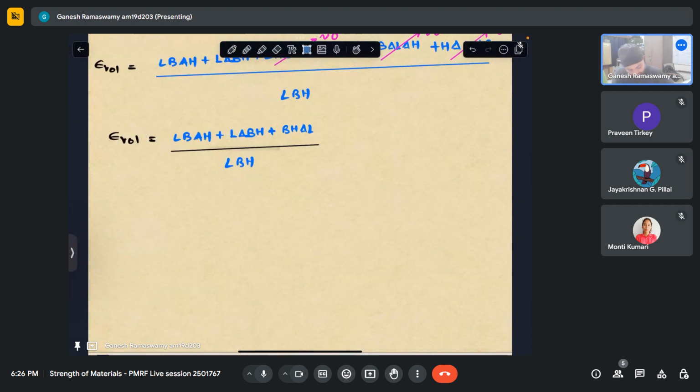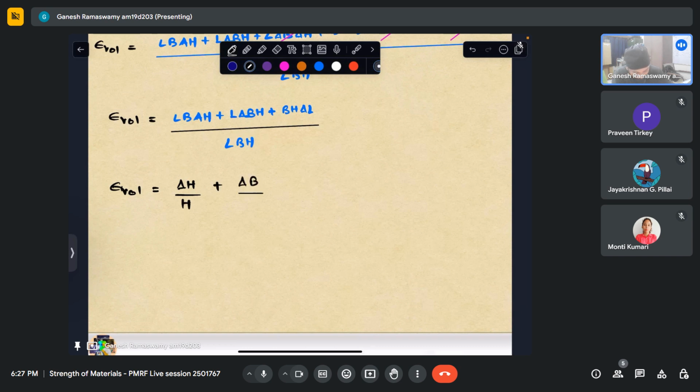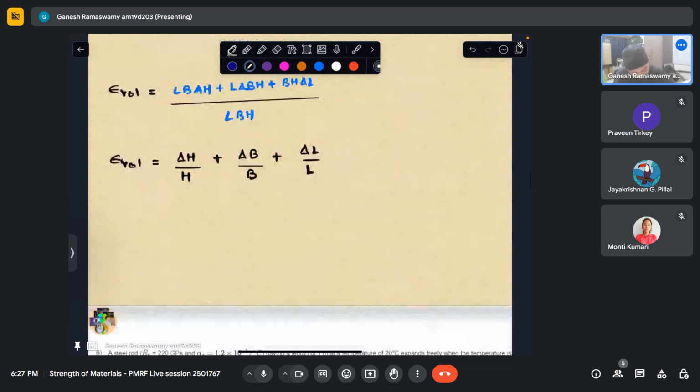So let us divide this out, distribute and divide by LBH. When I do LBH by delta H, only delta H by H will remain, LB will cancel out. So this is delta H by H plus delta B by B plus delta L by L, which is another way of writing epsilon zz plus epsilon yy plus epsilon xx.